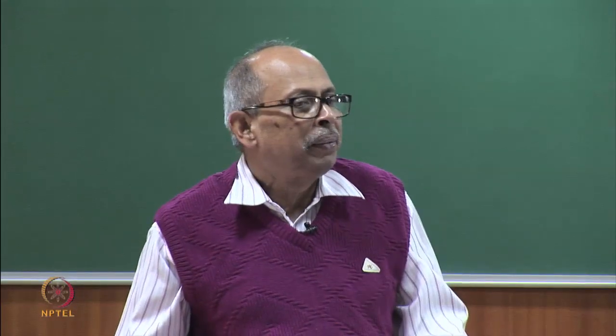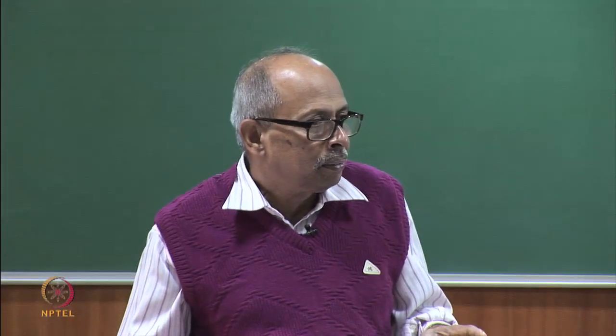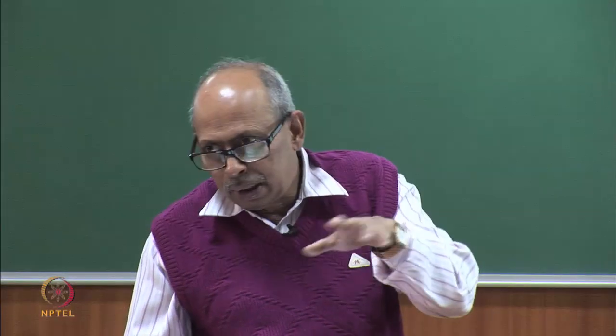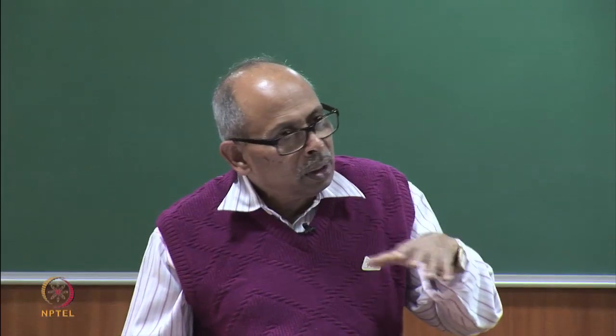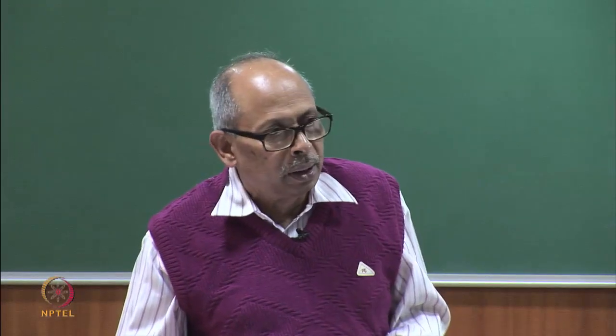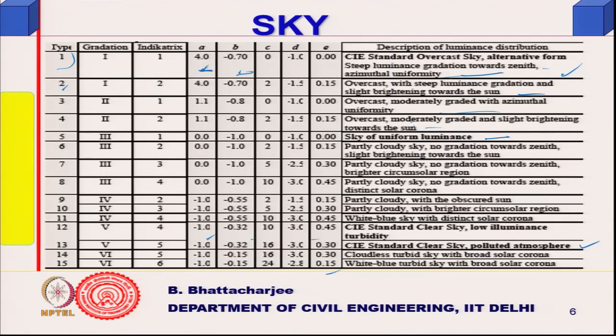Either there is a total cloud cover, or you have something like a highly polluted environment, similar to what you are seeing right now, with a lot of particles in the system diffusing the light, or it is fully cloud covered. For a cloudy or overcast sky the brightness is different, and for a somewhat polluted atmosphere things are totally different. So, this is how the various skies are defined.